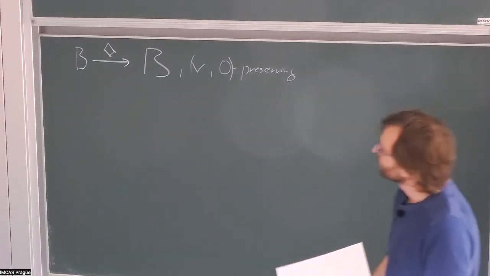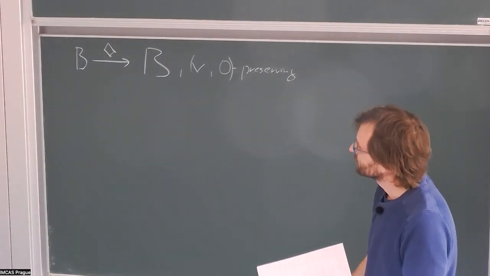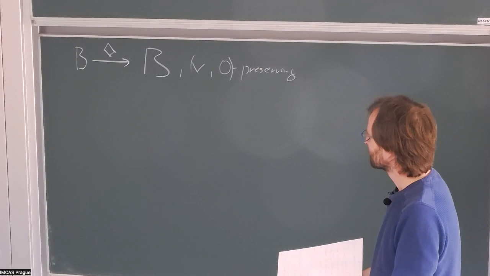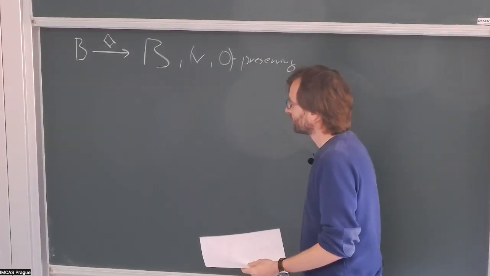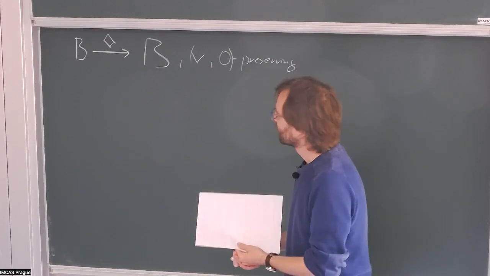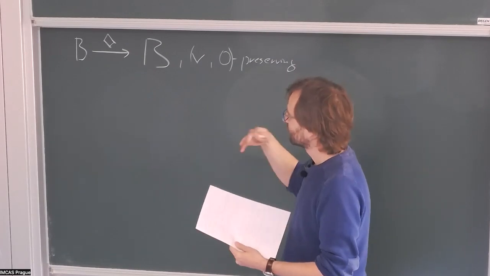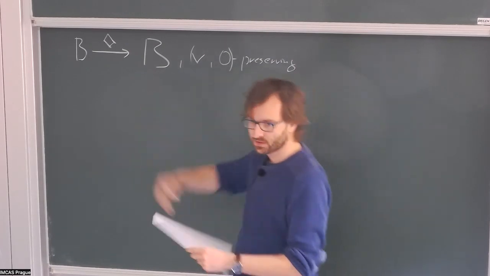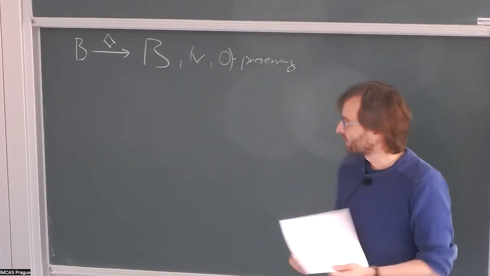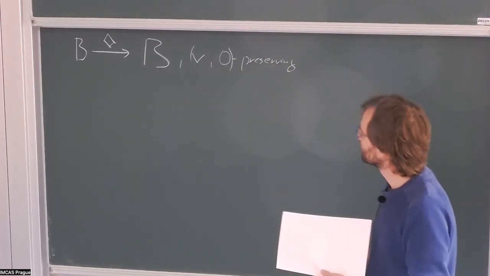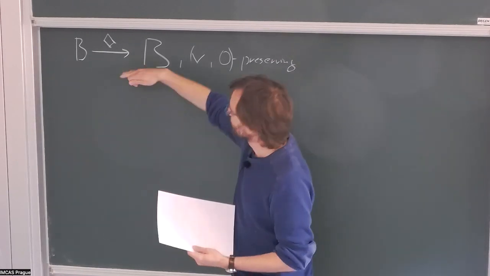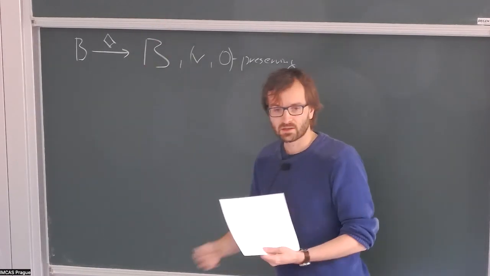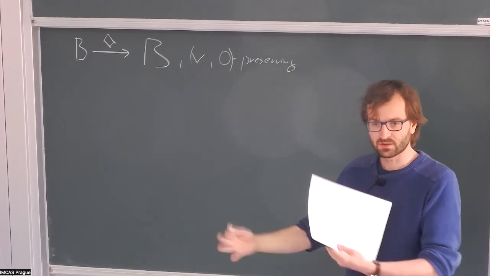But I'll tell you what Jónsson and Tarski showed. They said, in order to build this structure, we can actually embed this B into a bigger structure, which would be the extension we will be speaking about, where this operation also lifts, and then we'll be able to describe the duality theory from that.